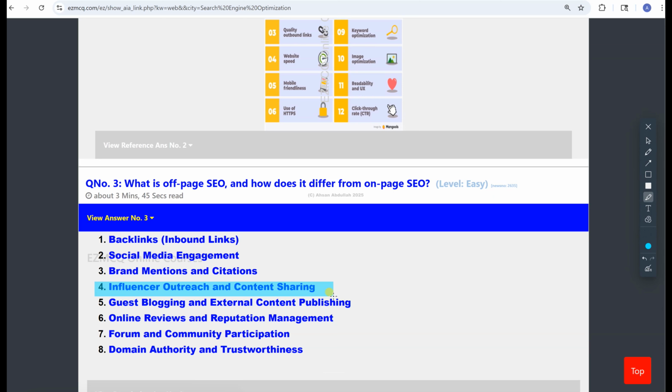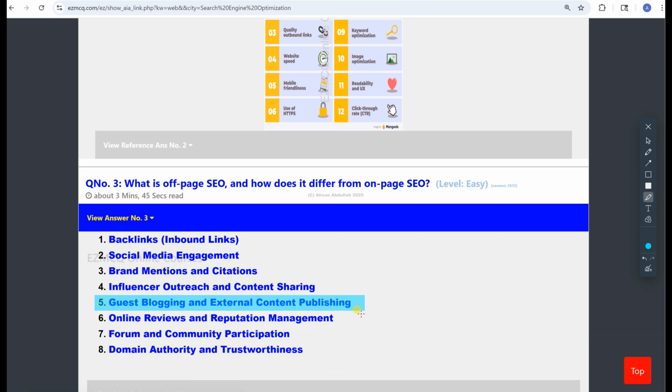When you are sharing the content, that builds confidence, that builds authority. And of course that is beyond the site. That is not on page SEO because this is not in your control. If your product is good, people will share it, people will talk about it, and that will generate traffic.